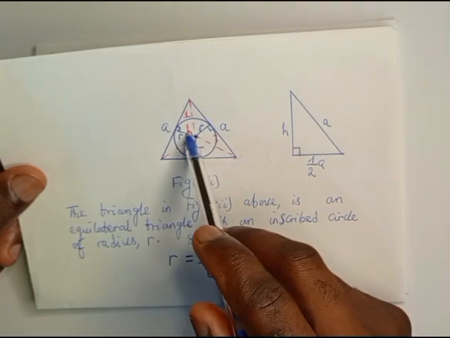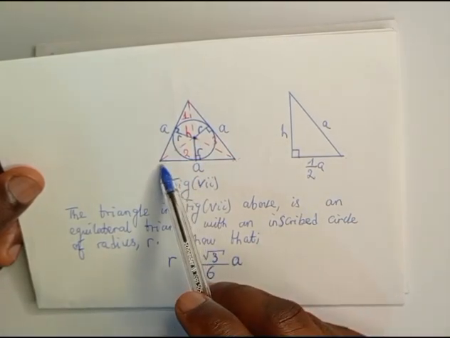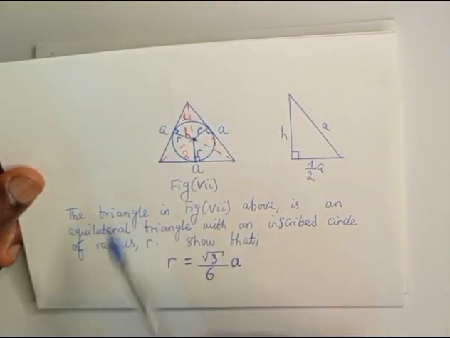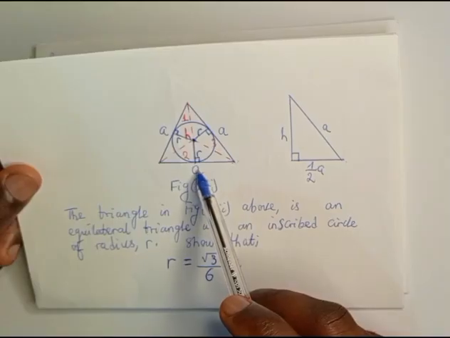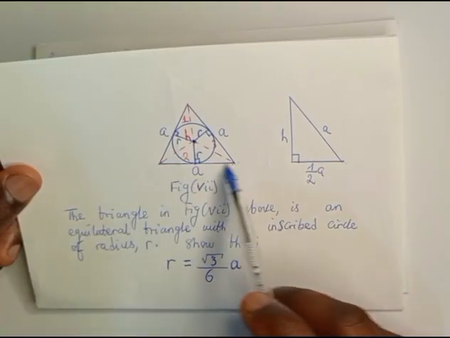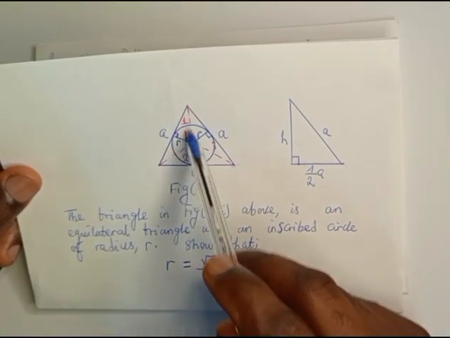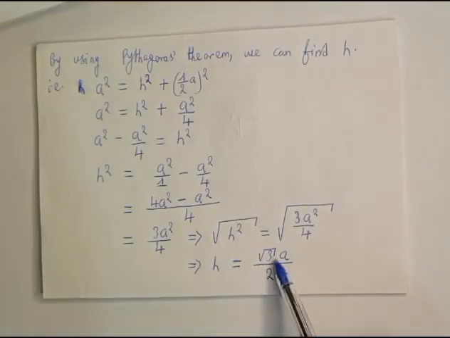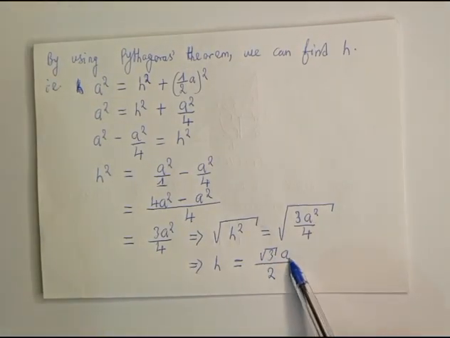Knowing h, it is easy for us to calculate the area of this triangle, and the area of this triangle will simply be a half base. The base is a times vertical height h, which is root 3 on 2 a.